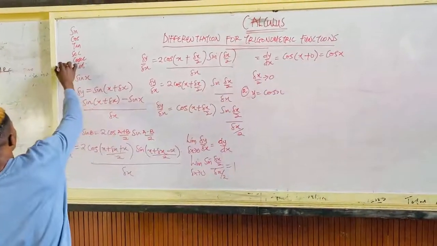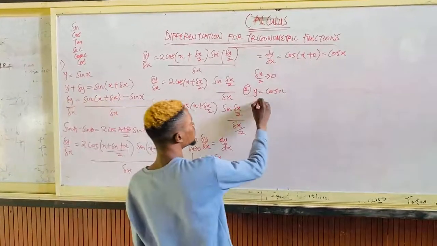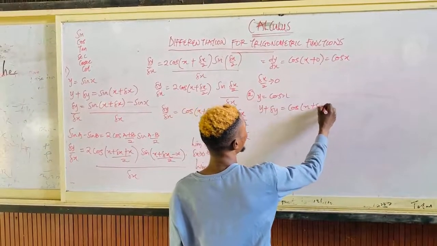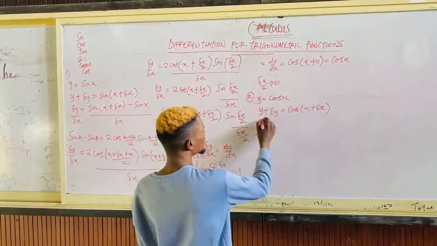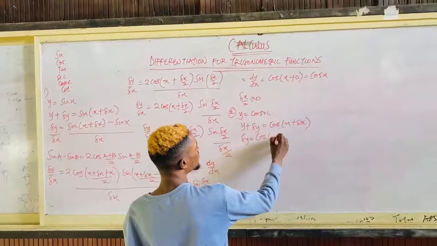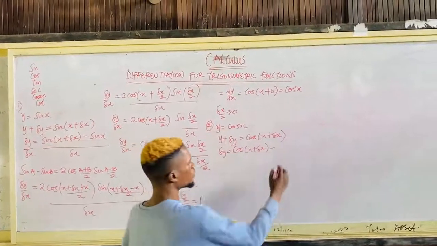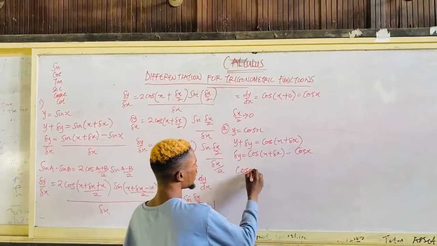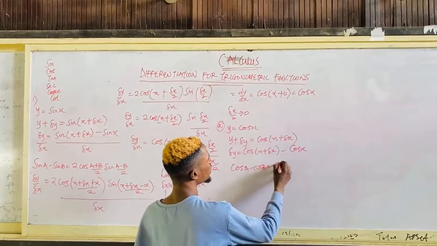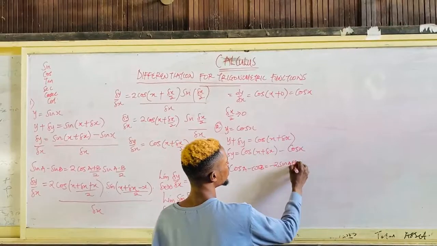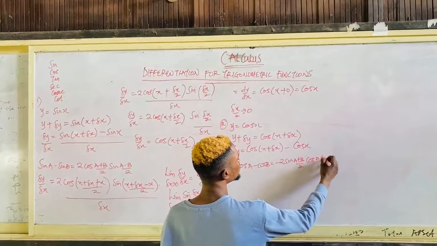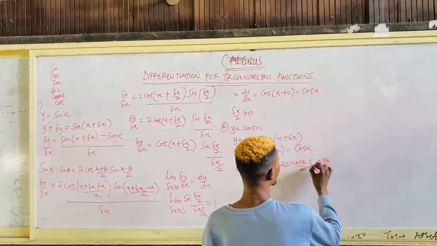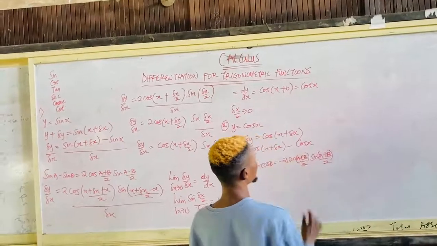If y is equal to cos x, using first principle, y receives an increment del y and x also receives an increment del x. So that gives del y as cos (x plus del x) minus cos x. Also from trigonometry, cos a minus cos b is equal to minus 2 sine (a plus b) all over 2 times sine (a minus b) all over 2.